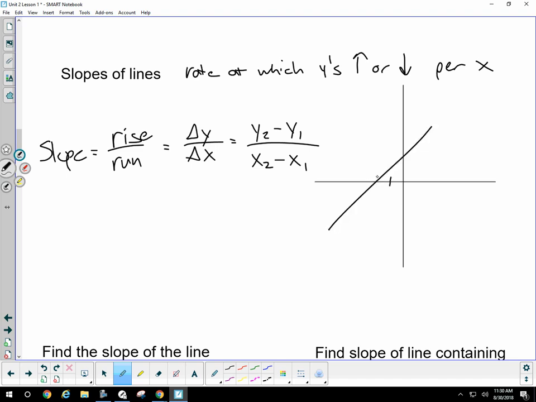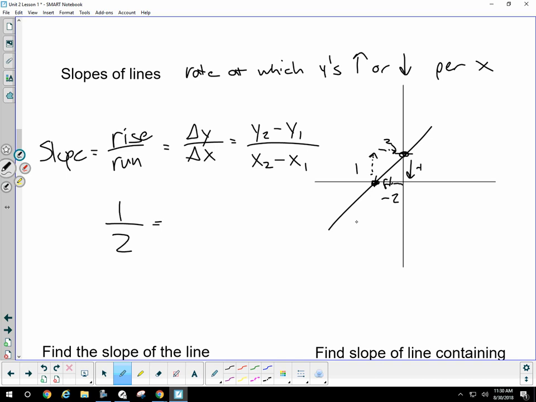If this had an x-intercept at -2 and a y-intercept at 1, the graph would be going up 1 and to the right 2, or you could consider it going down 1, which would be a negative direction, and to the left 2. Okay, so the rise over the run using this way would be 1/2.